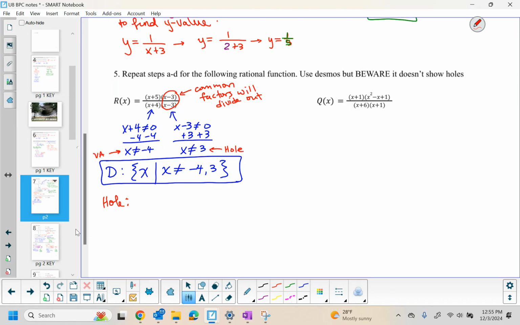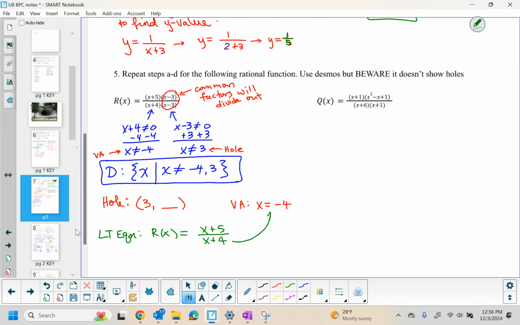So I have a hole at 3 comma something, and I have a vertical asymptote at x equals -4. I know that because my LT equation is r of x equals x plus 5 over x plus 4.